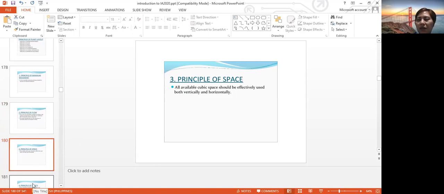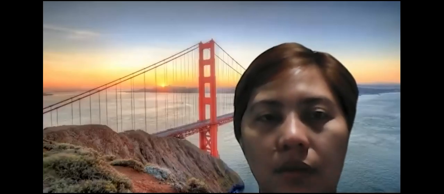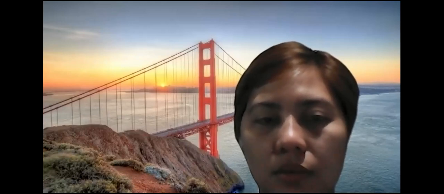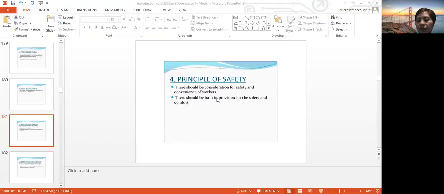Number 4 is the principle of safety. There should be consideration for safety and convenience of workers. Again, plant layout affects the workers psychologically. So make sure that in making the design, we consider the safety of the workers.